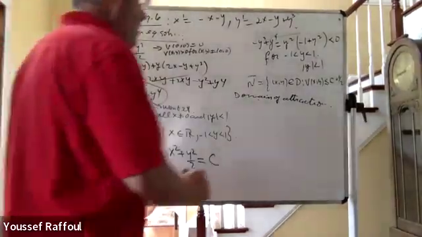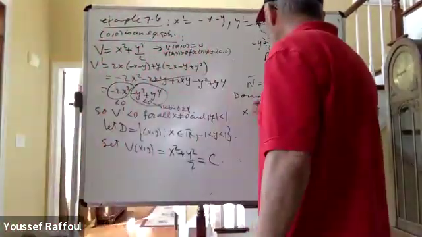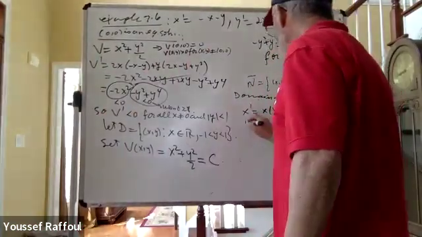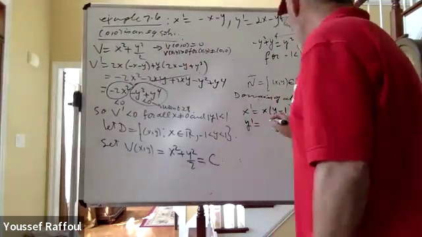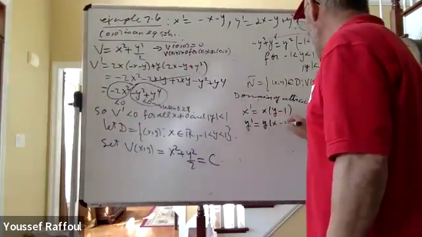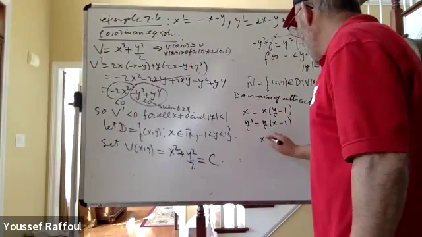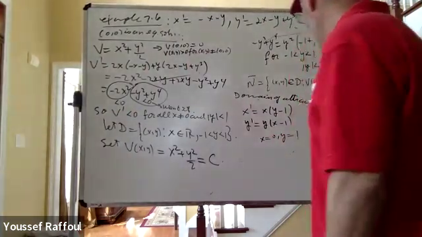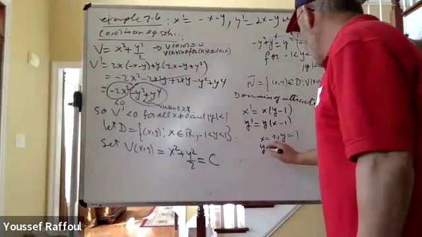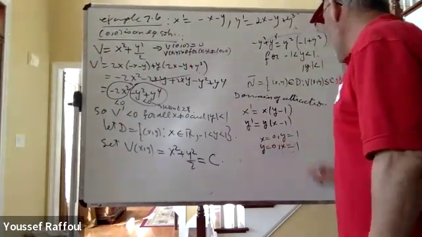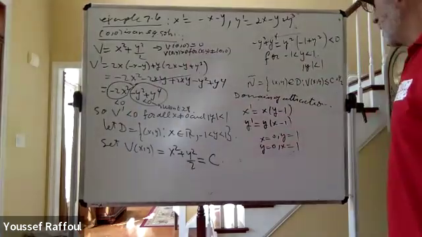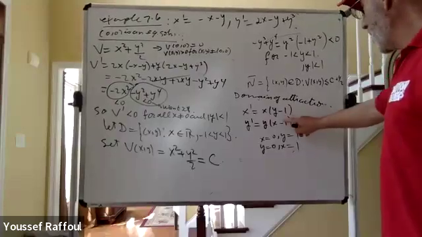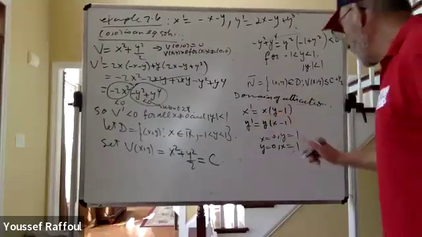Let's say I'm going to answer somebody's question. Let's say we have x prime equal to x times (y minus 1), y prime is y times (x minus 1). So we get x equals 0, y equals 1, and y equals 0, x equals 1. If x equals 1, y equals 1, this is a critical point.